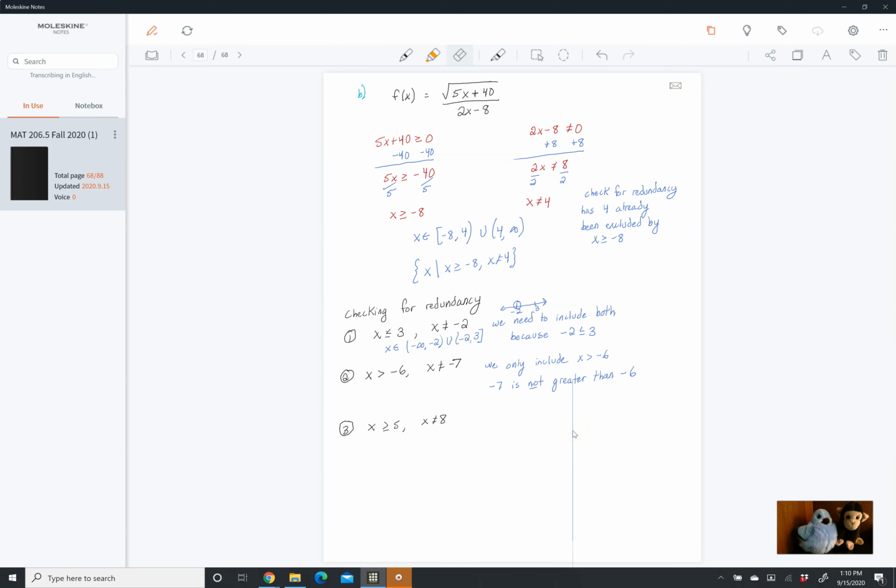Have they both been included? I'm just going to leave this here because I can't seem to erase it. Here, we're asking ourselves, has 8 been eliminated? So we need to include both, because if we put 8 in here, 8 is greater than or equal to 5.